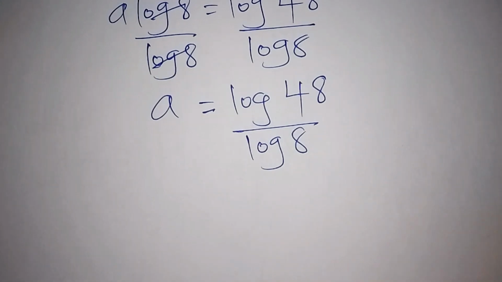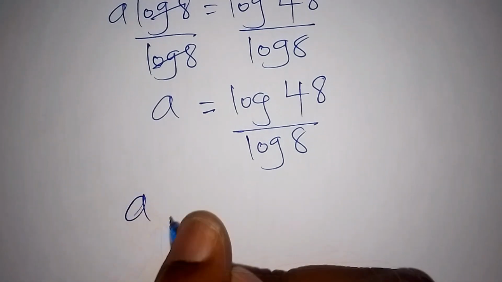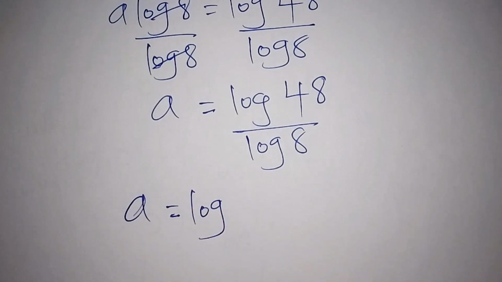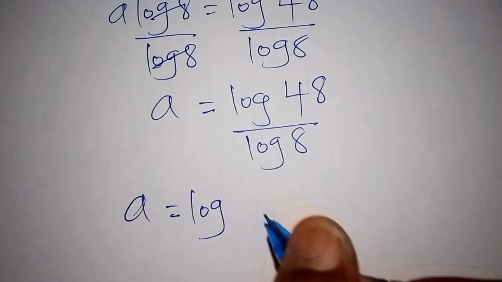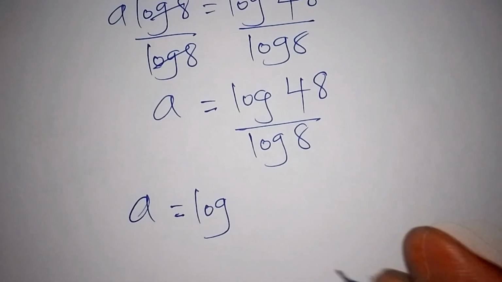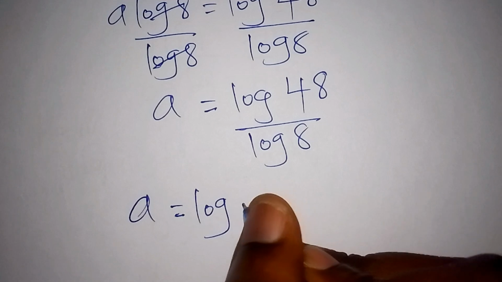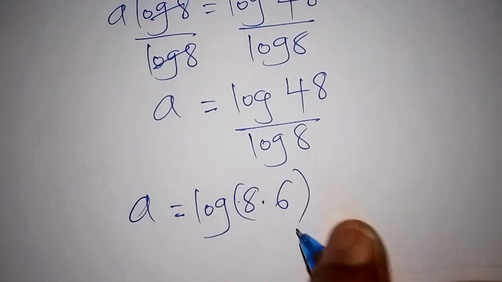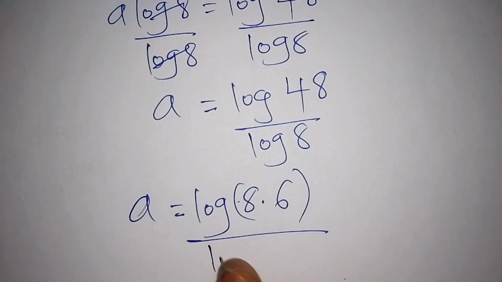Let's simplify it properly. A is equal to the log of 48, which can also be written as the log of 8 multiplied by 6, all over the log of 8.